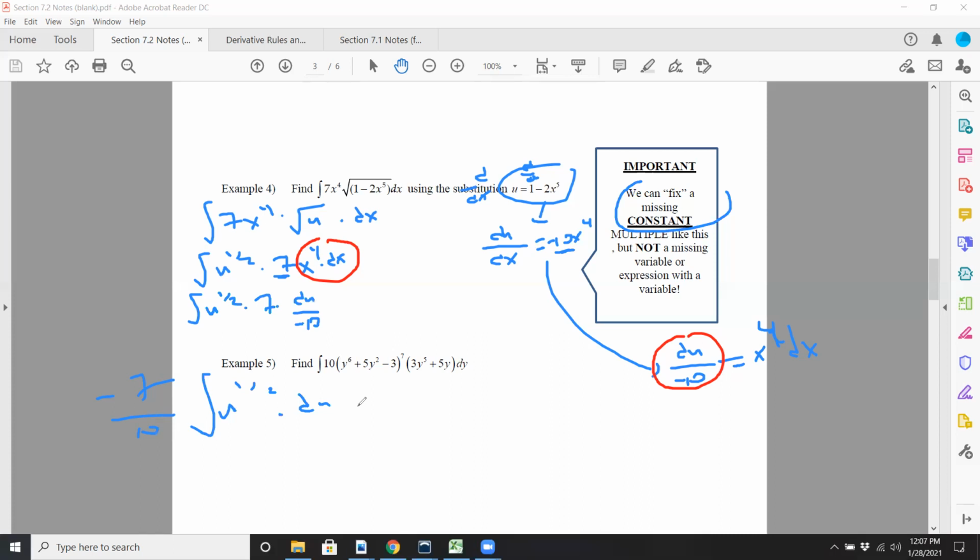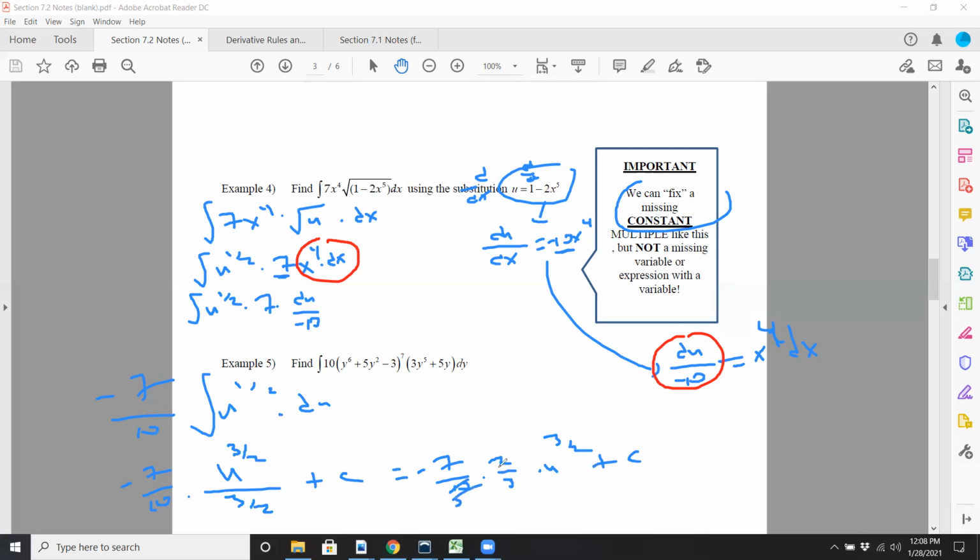And now I'm going to work this out. That's going to be u^(3/2) over 3/2. Remember, add 1 to the exponent in a power term. You get -7/10 and plus c. The 3/2 you can flip, so it becomes -7/10 times 2/3 times u^(3/2) plus c.